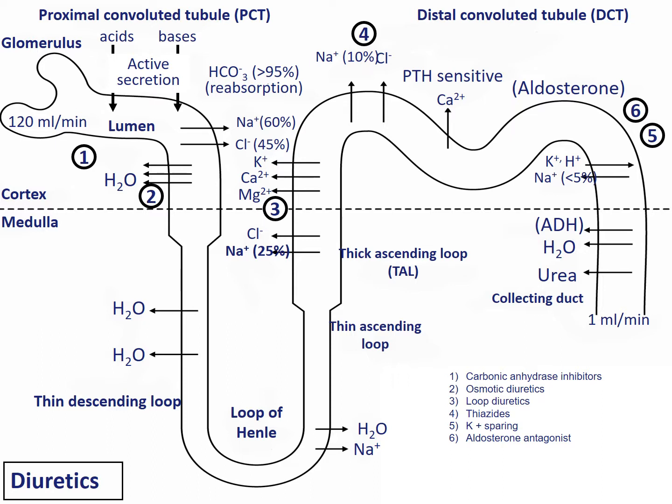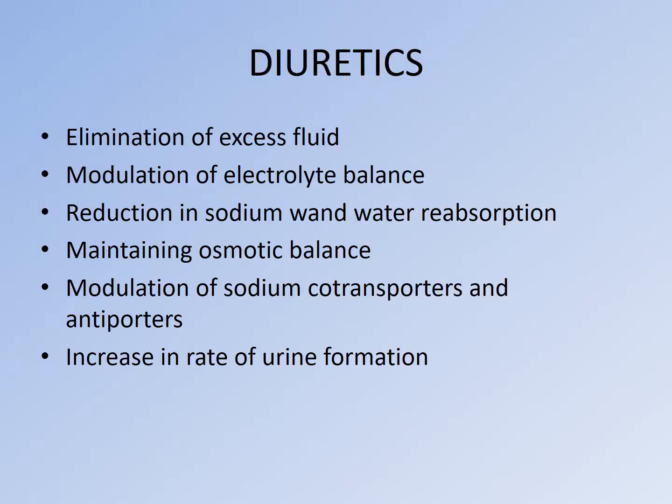The loop diuretics are considered to be the most potent of all the diuretics and act in the thick ascending limb of the loop of Henle and inhibit the sodium-potassium-chloride co-transporter. Then the thiazide diuretics inhibit the sodium chloride co-transporter in the distal convoluted tubule, and your potassium-sparing agents and your aldosterone antagonists basically act in the collecting duct.